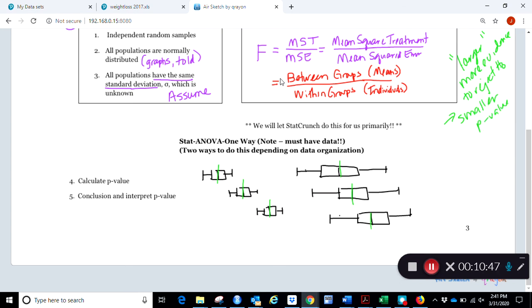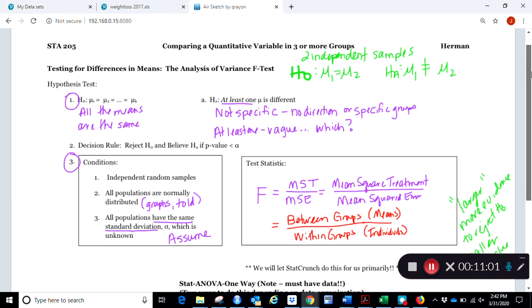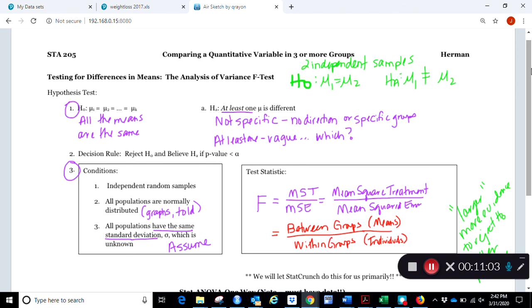And again, this is just for understanding what's going on here. We're going to get that p-value from StatCrunch and then make our decision and make our interpretation there as well. So that's the understanding of these 5 steps. We'll do these 5 steps in our next video with our weight loss example.